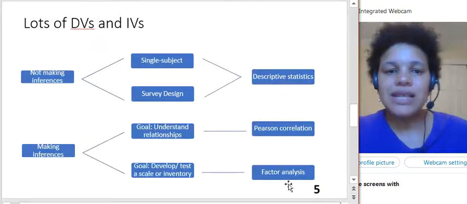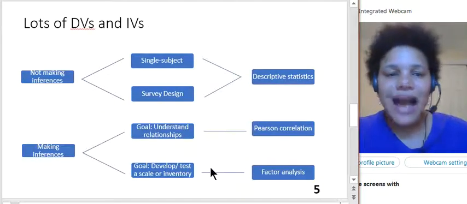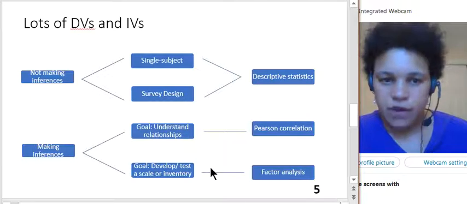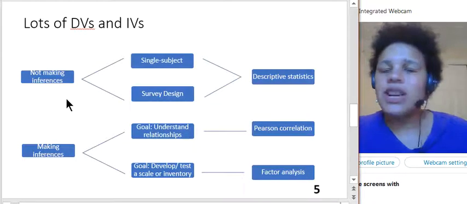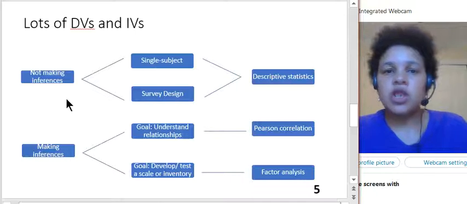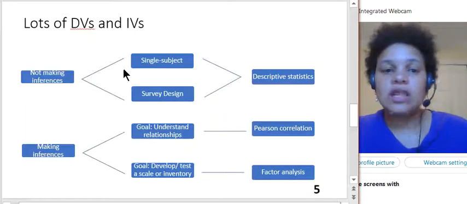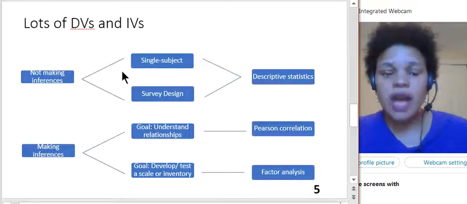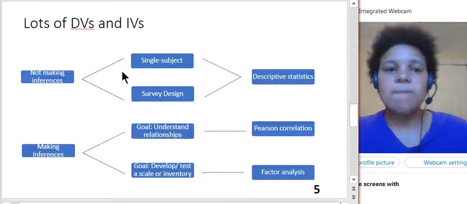So now there are some situations where you have lots of dependent variables and independent variables, and you're not interested in making inferences to a larger population. So, for example, we talked about single subject research, and we have maybe one outcome, which is performance. That was the reading example.